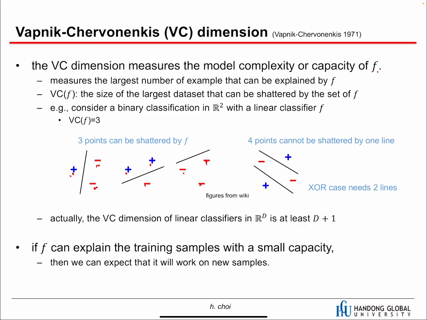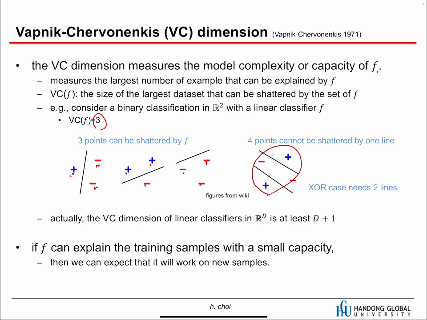But if we have 4 points in the 2-dimensional space, then one linear classifier cannot separate them if we have this kind of case. So the VC dimension of a linear classifier in two-dimensional space is 3, because this classifier can separate 3 samples no matter how they are classified.